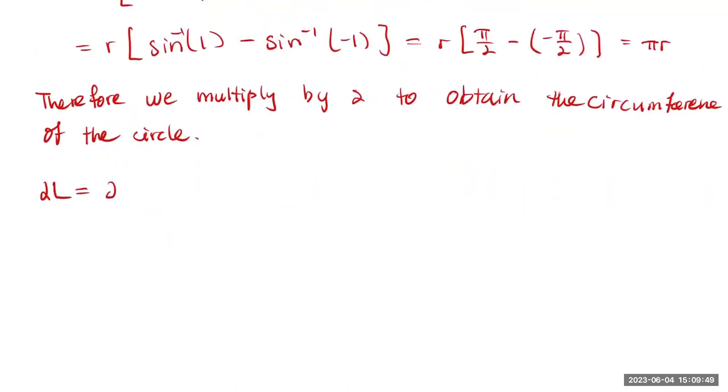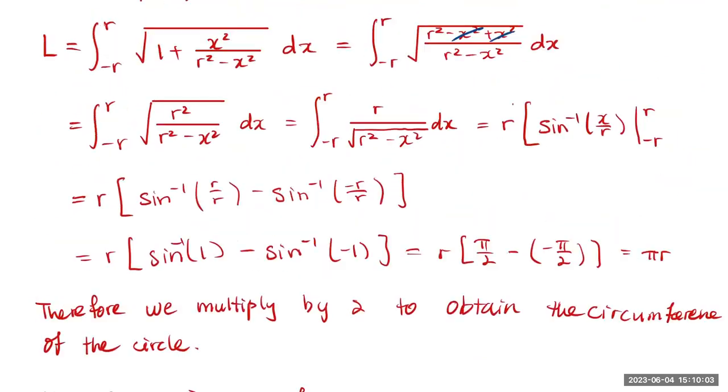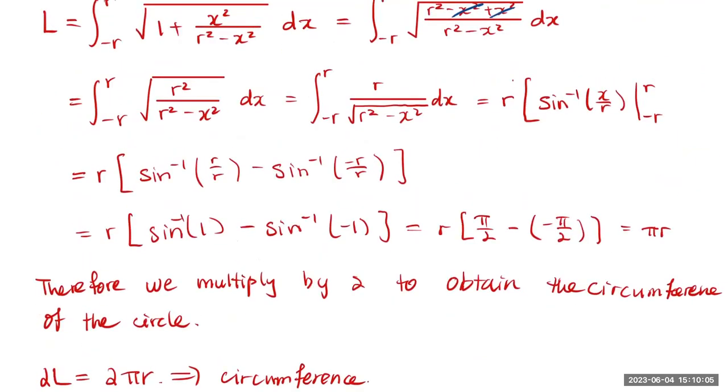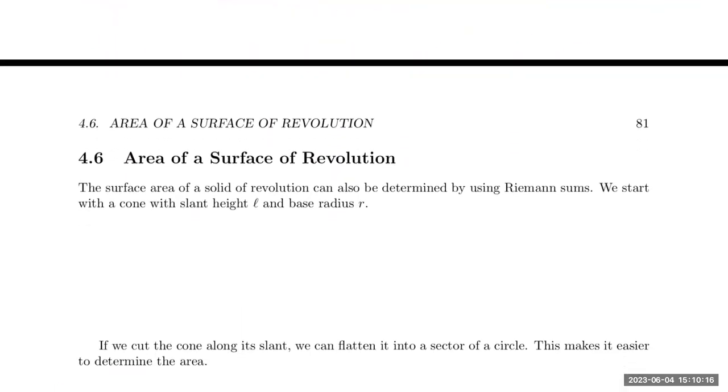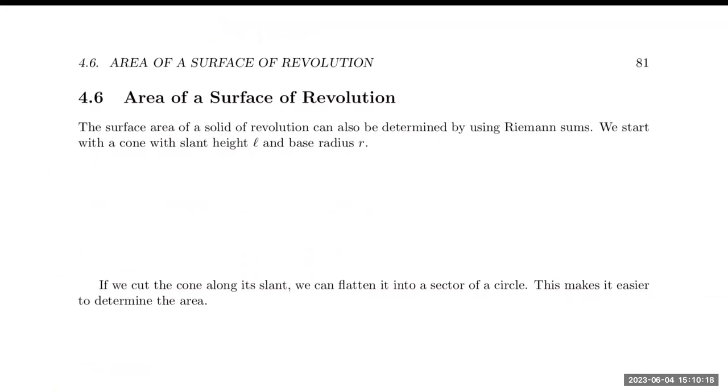We would just get 2 pi r, which is the circumference. Okay. So that is how you show that you can get the circumference of a circle. So now let's have a look at the next section where we'll talk about the area of a surface of revolution.